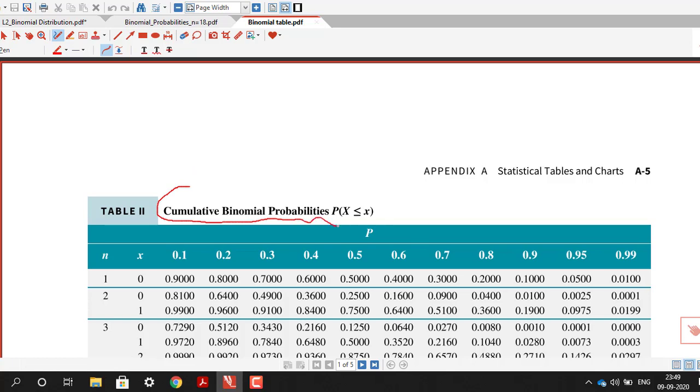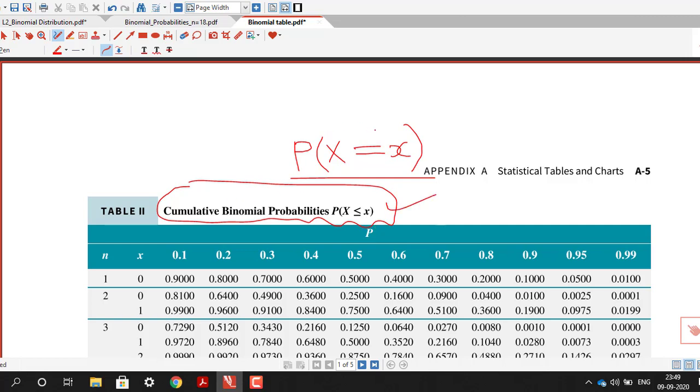So table values are given for cumulative binomial probabilities. These values are not given for capital X equal to small x. So this is not the table for this individual value. This table is given for cumulative binomial probability, that is, this type of probabilities are given.